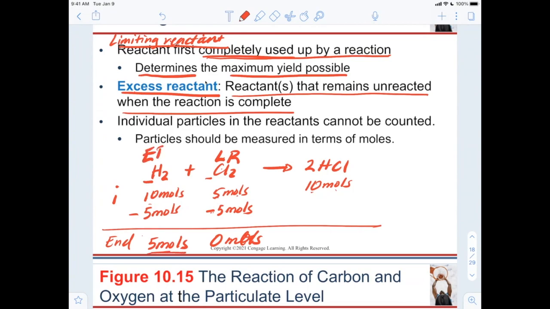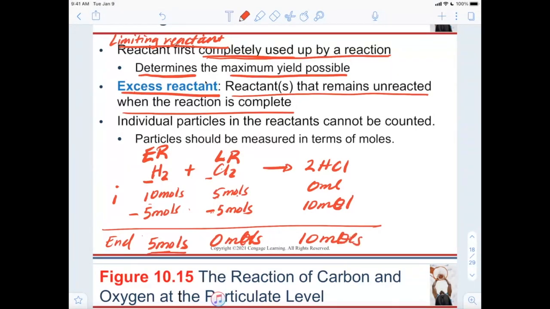This becomes the excess reagent because it gets left over, but it has nothing to react with. And then the product side, of course, you all see how this happened. In the beginning, there was nothing here. In the beginning, there were 0 moles. When it got made, it became 10 moles. So in the end, we have 10 moles, okay?